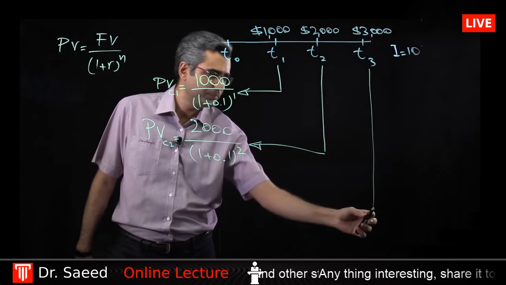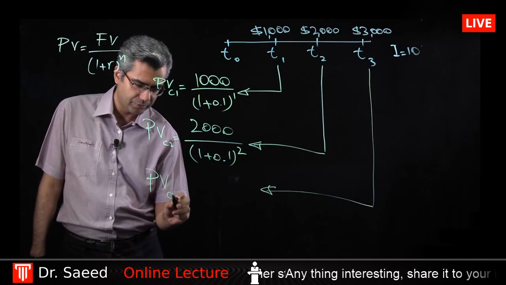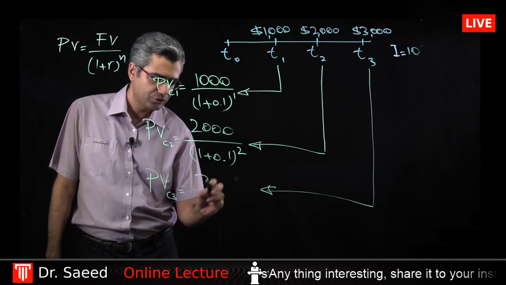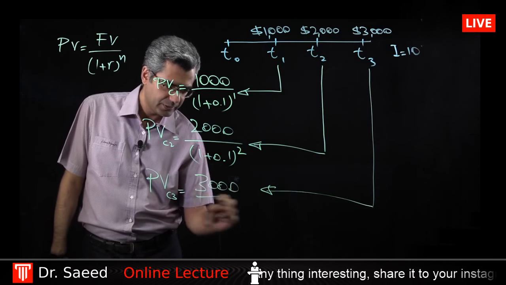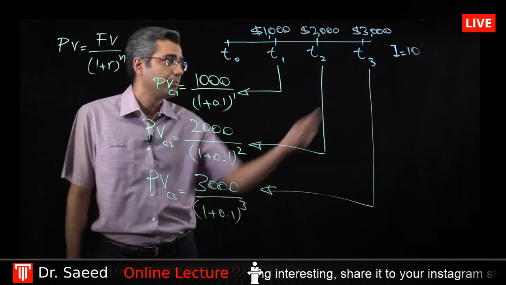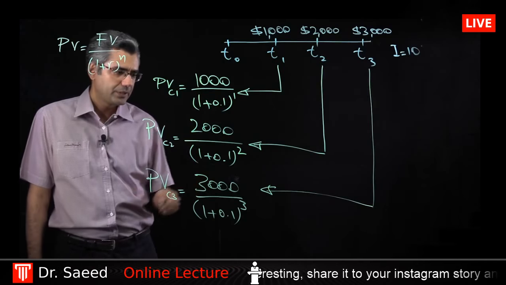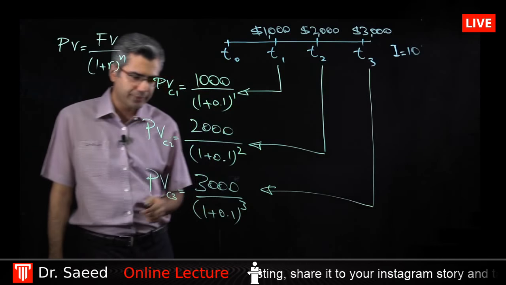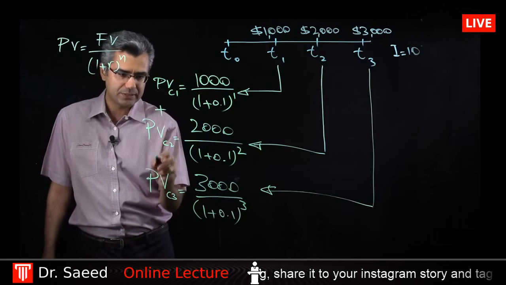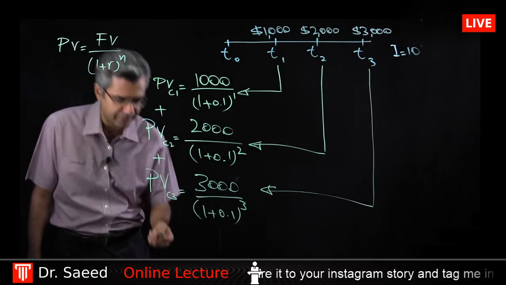And the third one, present value of the third cash flow is 3,000 US dollars divided by 1 plus 0.1, and power is 3 because you are discounting it for 3 periods to the present time. Now you compute these 3, and then adding them will give you the total present value or net present value.